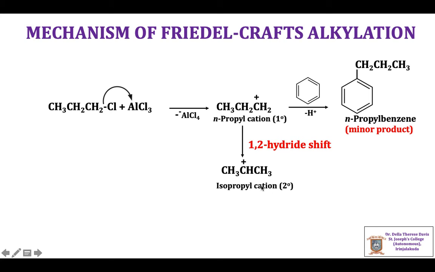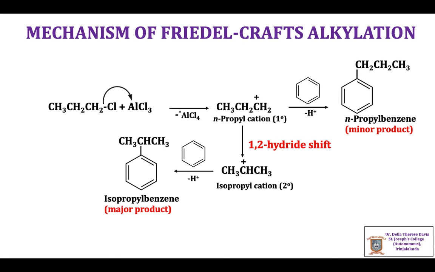Here the obtained secondary carbocation is the isopropyl cation, CH3CH plus CH3. And this secondary carbocation acts as the electrophile, and we get isopropyl benzene as the major product and n-propyl benzene as the minor product.